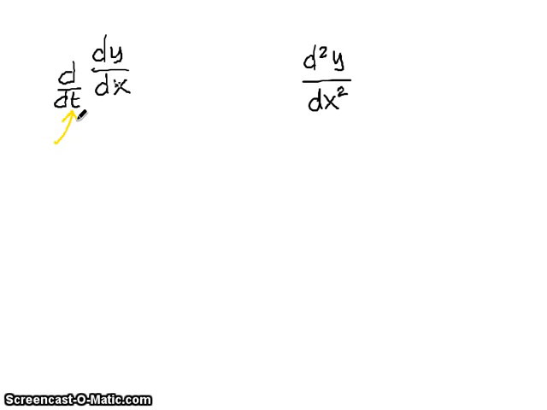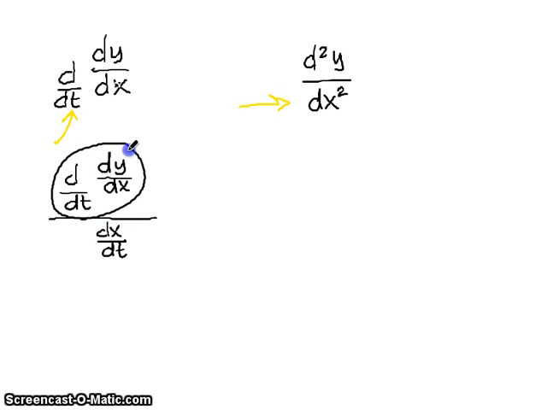So we need to kind of mess around with this in order to get that dx squared in the bottom. So the way that we're going to handle this is we're going to say the derivative of dy dx with respect to t, over the derivative of x with respect to t. So what that's going to do is give us a d squared y over dx dt.